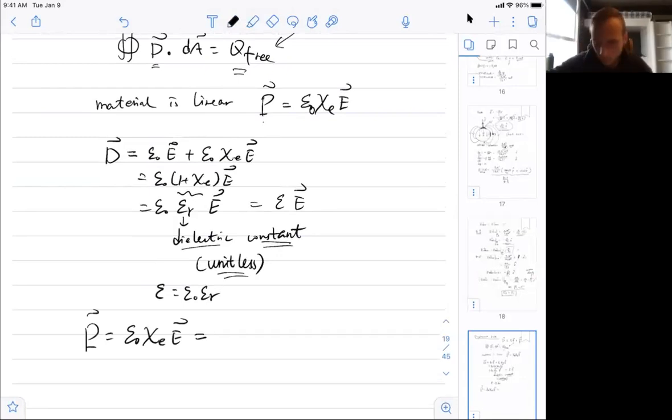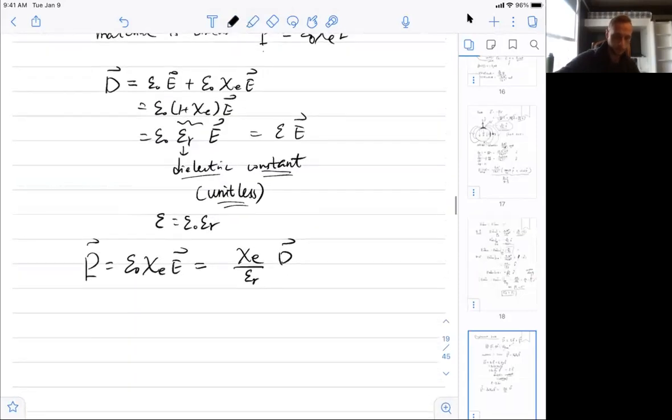If you know your D field, you can also write it using your E field. So they're all related. Anything that you give one, you will be able to find the other.